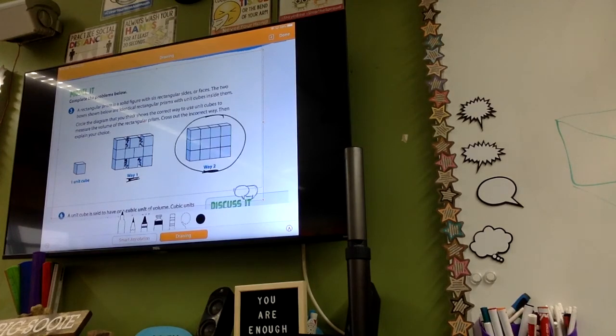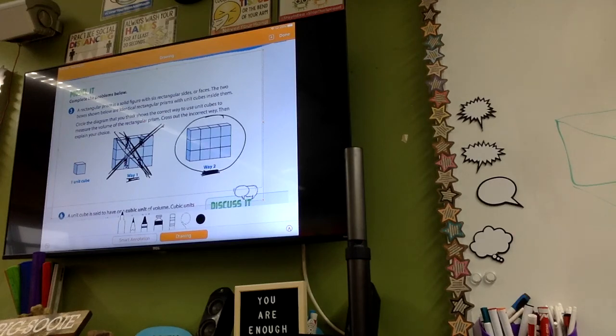Okay, so way number 2 is correct. Way number 1 has chunks missing. If we have chunks missing inside of our prism, we cannot correctly measure the volume. Everything has to be butted up against each other, like in way number 2. So you should have circled way number 2, marked out way number 1.